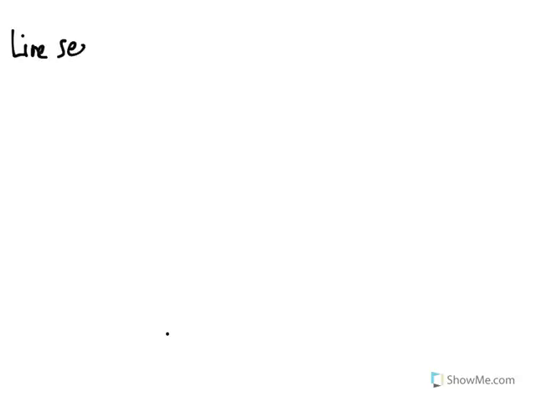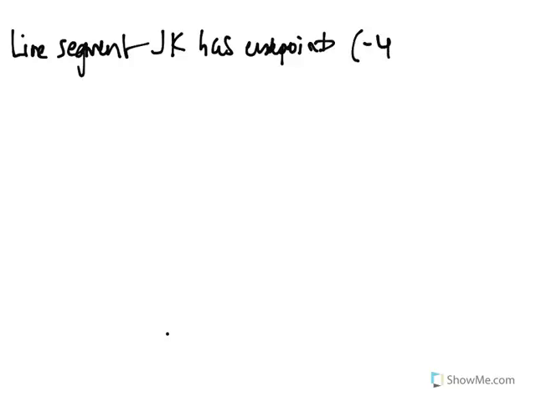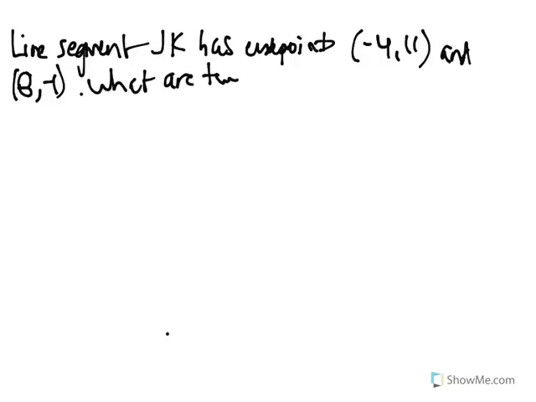Line segment JK has endpoints (-4, 11) and (8, -1). What are two possible locations for point M?